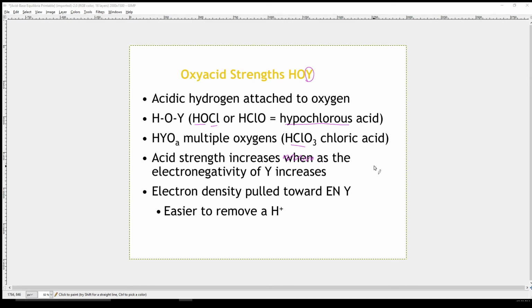So let's write these down. F compared to Cl compared to Br compared to I. So as you move down a group, you are decreasing the electronegativity, and as you decrease electronegativity, then you are, oh, hold on, let me reword that.